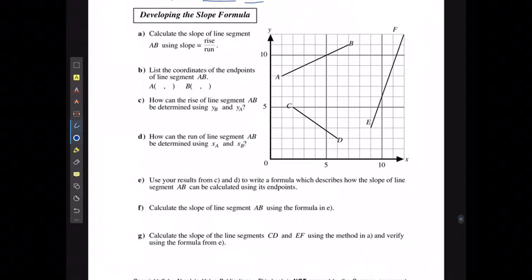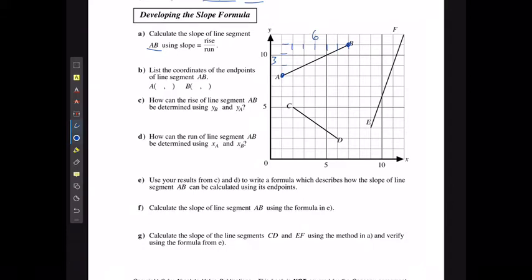All right, so if I am developing the slope of a line segment, first, I'm going to take the points A and B and use rise over run. So going from point A to point B, in this case I went up 1, 2, 3, and I went to the right 1, 2, 3, 4, 5, and 6.